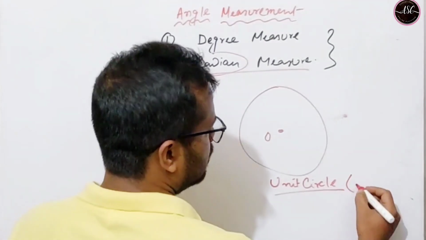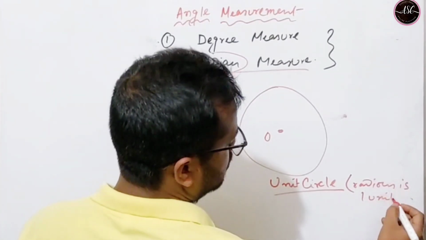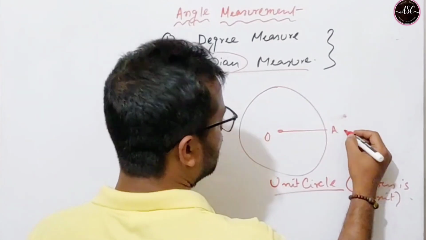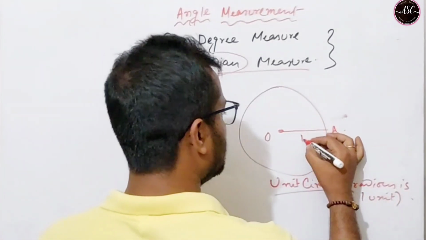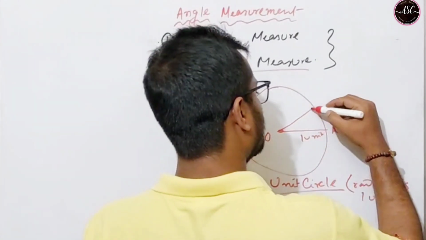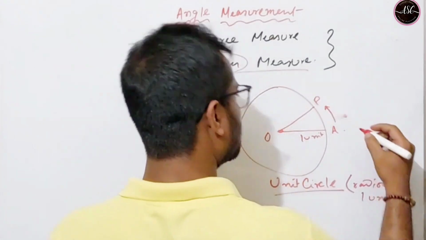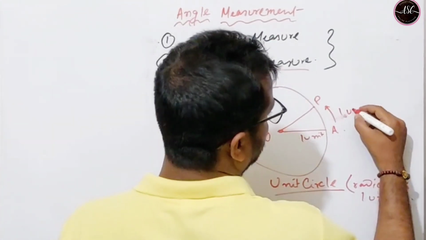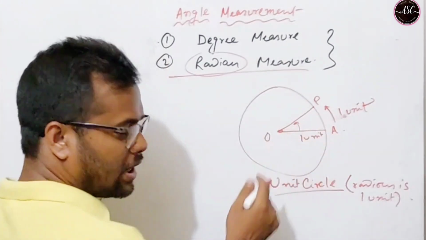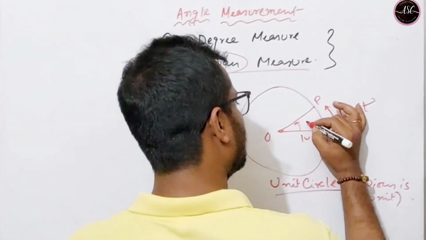So if we draw a radius, that means OA, this is 1 unit. And let AP be an arc with length 1 unit. Then the angle subtended at the center by the arc is called 1 radian.